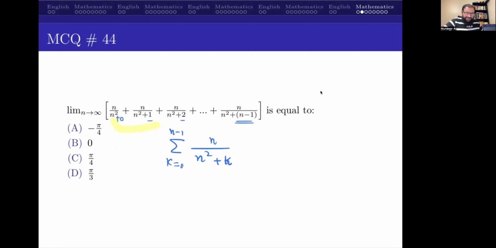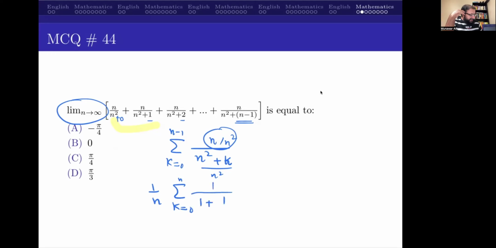Now I want to simplify this a little bit, and then I will apply the limit as well. So what am I doing? I'm dividing everything by n square. If I do so, then this numerator will be 1 over n, and I'm taking it out. K equals 0 to n, and 1 divided by 1 plus k over n square. Now you can look at this term. I'm switching the sum and the limit.